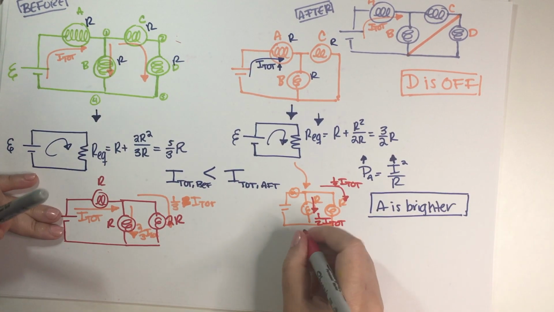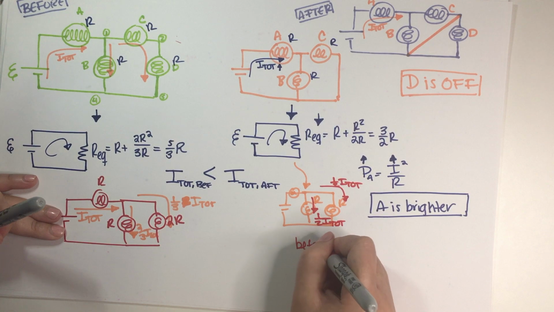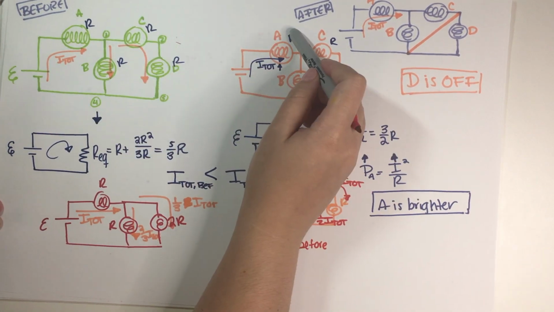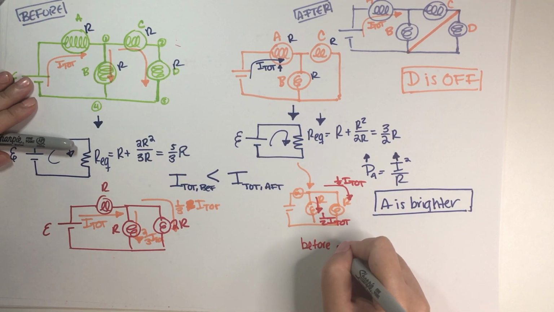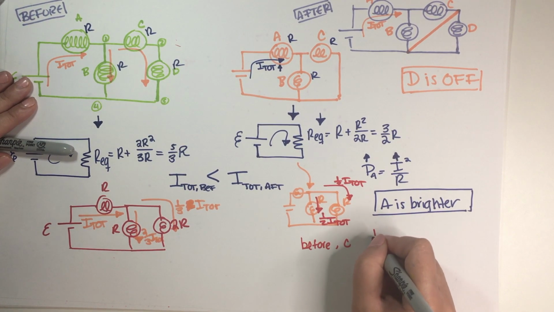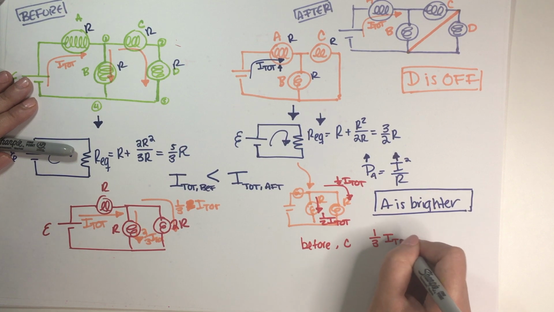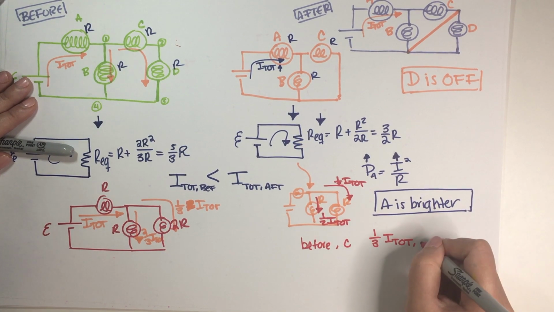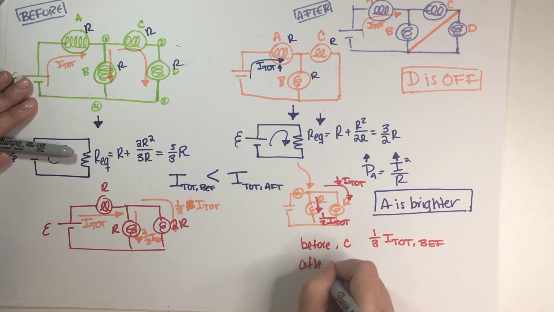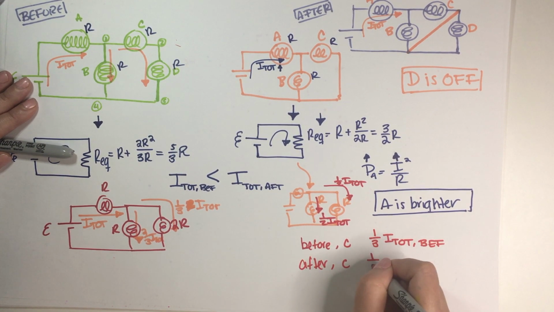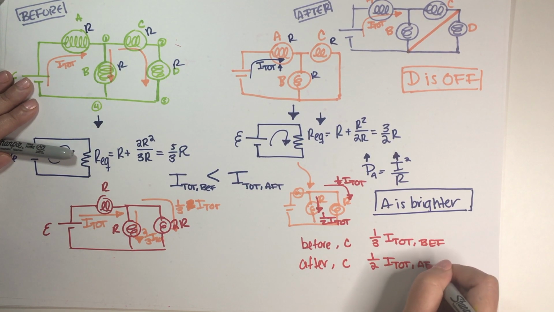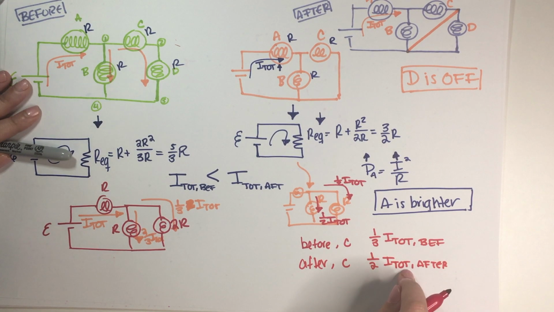So what I'm trying to figure out is how the current compares at C. Before, C got crossed by 1/3 of the total current. And after, C gets crossed by 1/2 of the total current, which is also a greater total current.